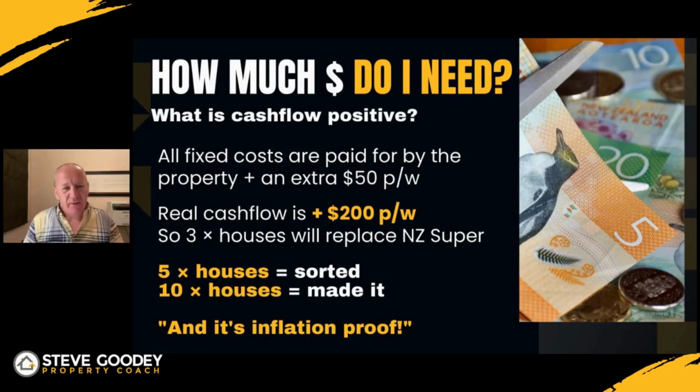Going to get some hate for that one too, I imagine, but here we go. We're here now, right? So I think for the financially astute who really want to push it and give it a nudge, 10 houses is your initial target.